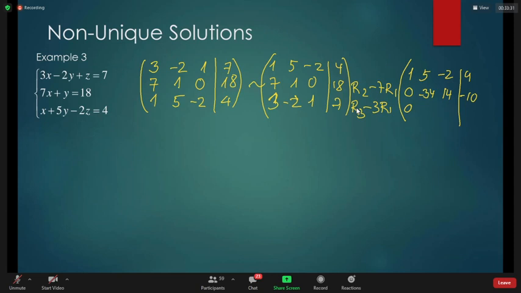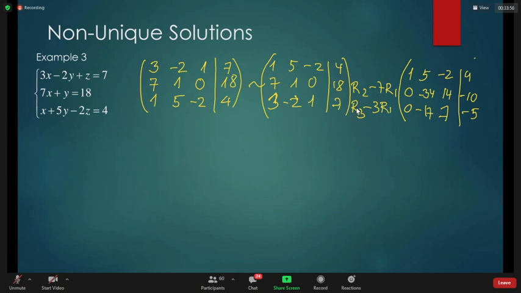But let's remember we have to multiply and add or subtract the whole row. So 3 minus 3 is 0. Now, minus 3 times 5 is minus 15, added to minus 2 is minus 17. Minus 2 times minus 3 is 6, plus 1 is 7. And 4 times minus 3 is minus 12, minus 12 plus 7 is minus 5.